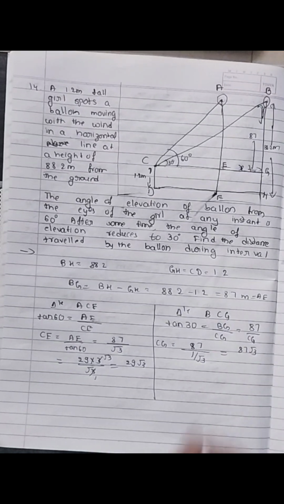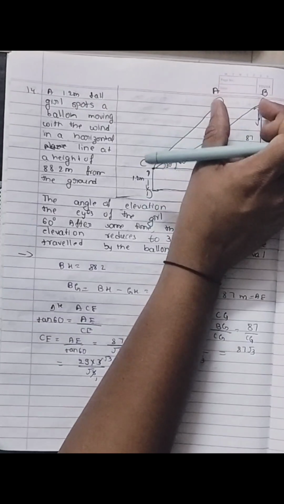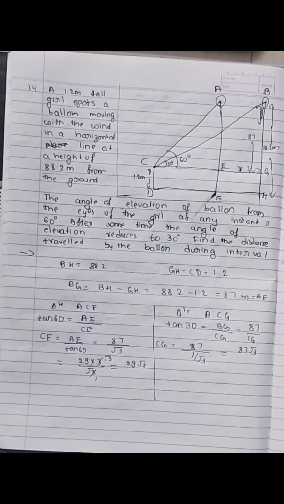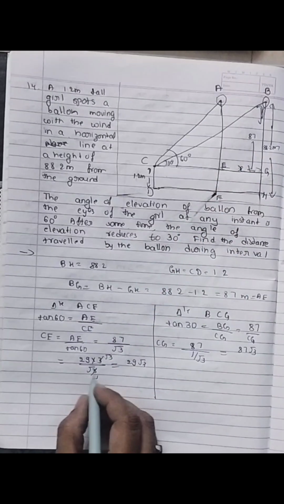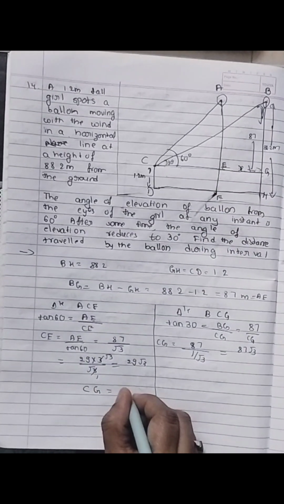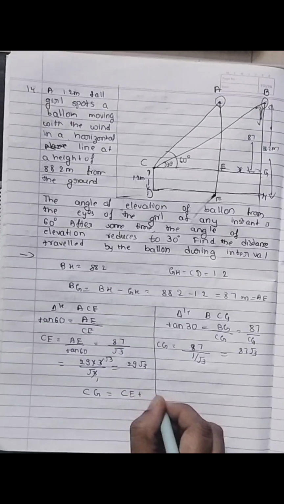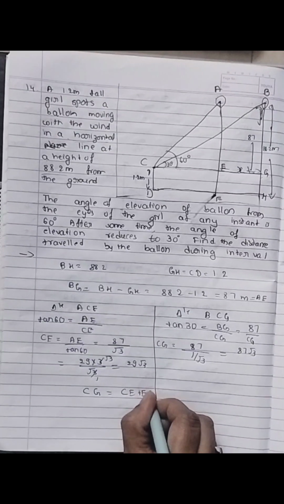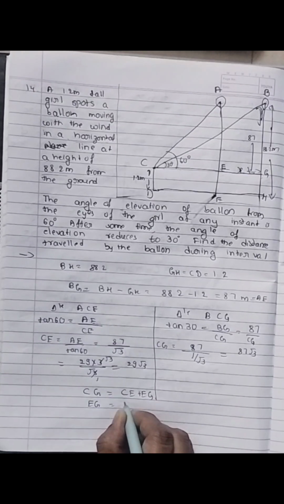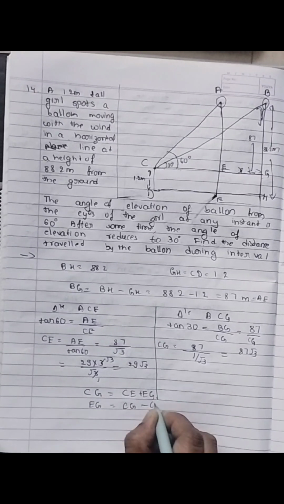But what we have to find out is the distance it has traveled to move from E to B, that is EG. From the figure it is confirmed that CG is the summation of CE and EG, right? So from this we can get EG equal to CG minus CE.